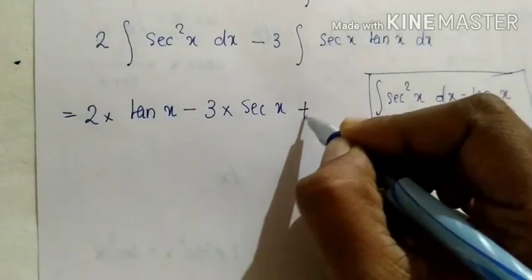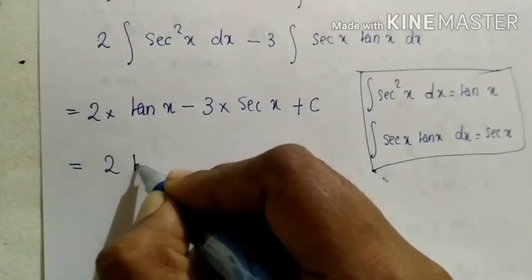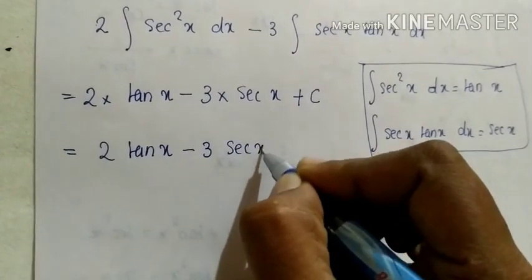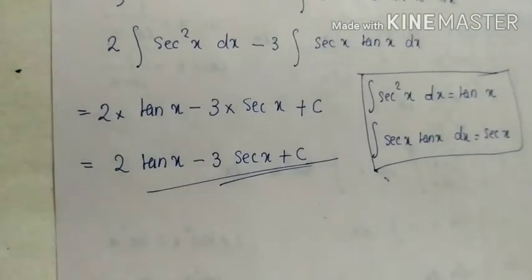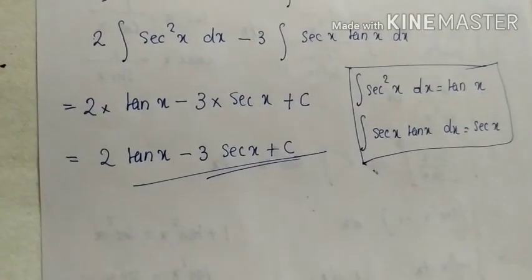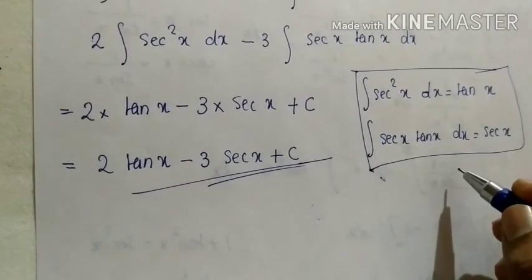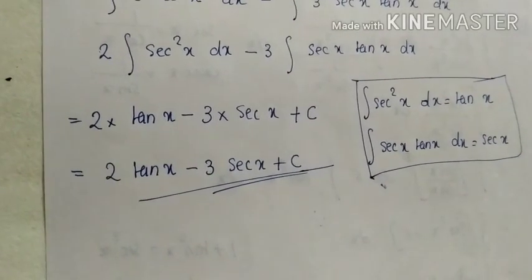So also write plus c here. So rearranging this, we get 2 tan x minus 3 sec x plus c as our final answer. Okay, I hope you understood. Just replacing 1 by cos square x by sec square x, we get our final answer. Okay.